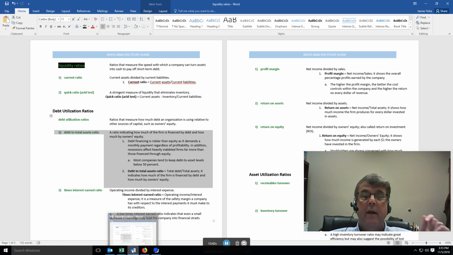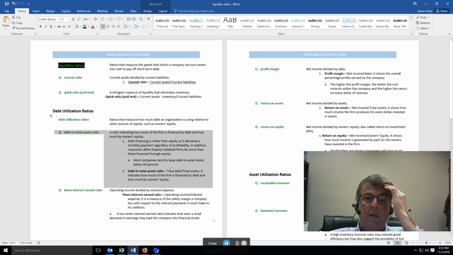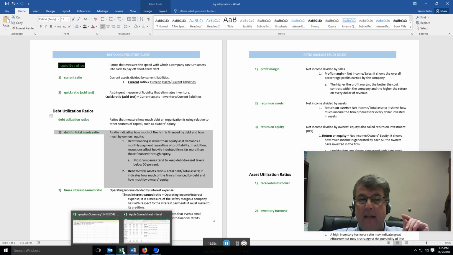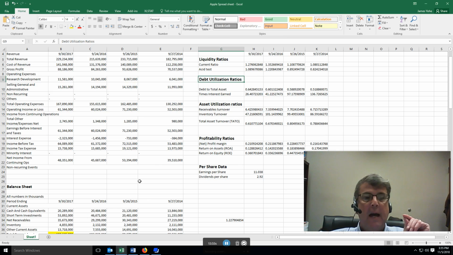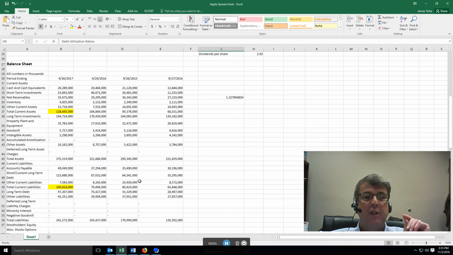Okay, so here, when we calculate this, we're taking total debt divided by total assets. We get that off the balance sheet. So here for Apple, I've got my balance sheet.